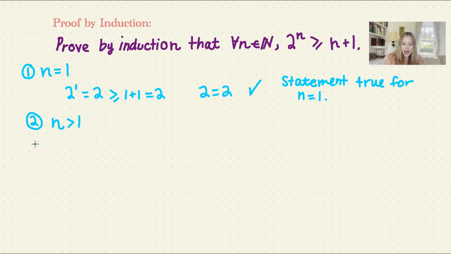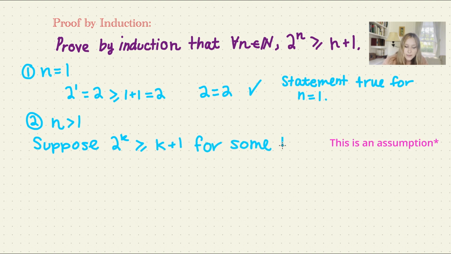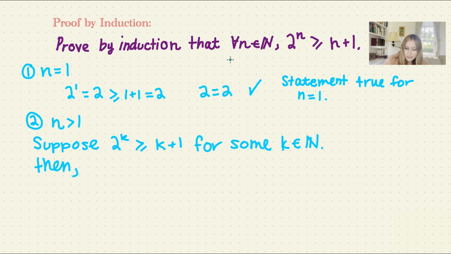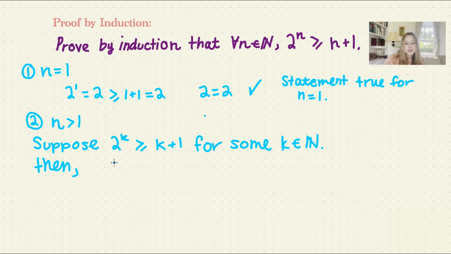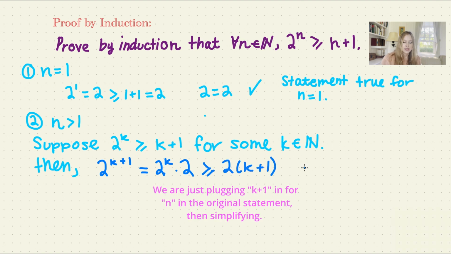Suppose we have a natural number k, 2 to the k is greater than or equal to k plus 1. Then we have 2 to the k plus 1. We plug in the k plus 1 case, which is equal to 2 to the k times 2, which is greater than or equal to 2 times k plus 1, which is 2k plus 2.